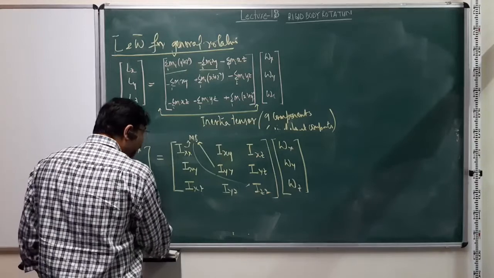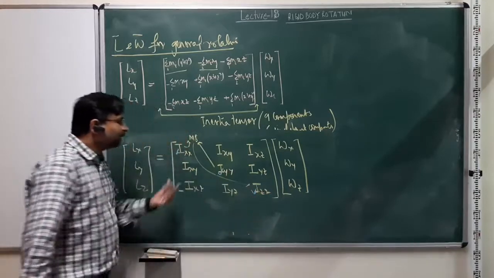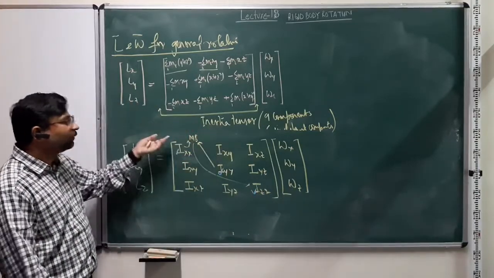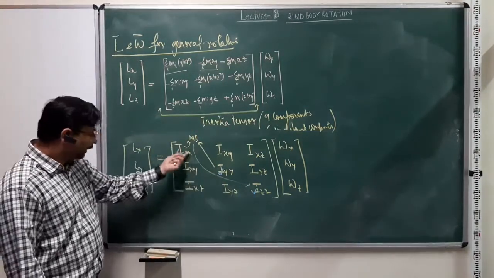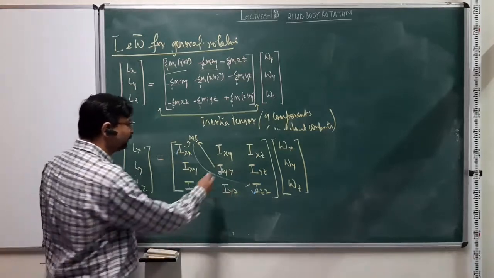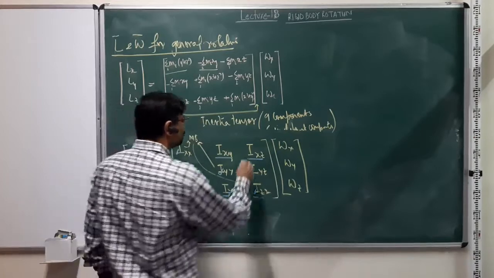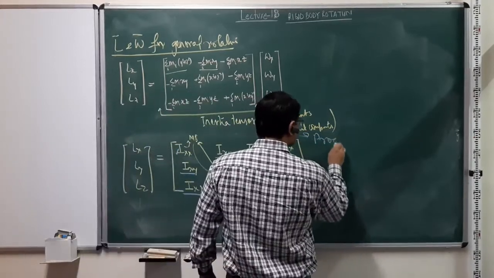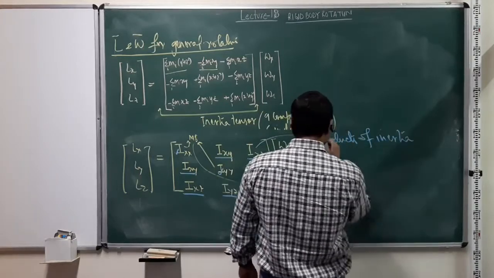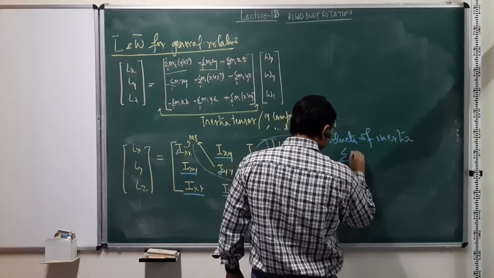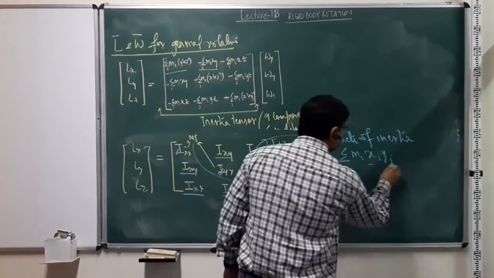And as I said, these diagonal terms are called moments of inertia because they have the familiar form of sum over i m r square. These are called the moment of inertia about the x-axis, y-axis, z-axis. The remaining 6 terms are termed products of inertia, and they have the form, negative sum over i m_i x_i y_i, but anyway, this could be anything.